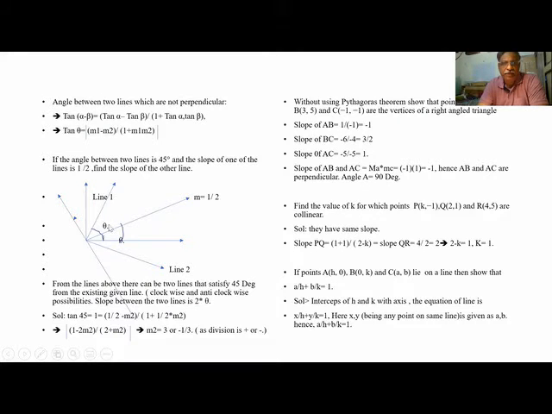Suppose I want the angle between these lines. If this is alpha and this is beta, the slope is tan of alpha minus beta. The angle between these two is alpha minus beta. So tan alpha minus tan beta by 1 plus tan alpha tan beta. This is the tan A minus B formula: tan A minus B is tan A minus tan B by 1 plus tan A tan B.